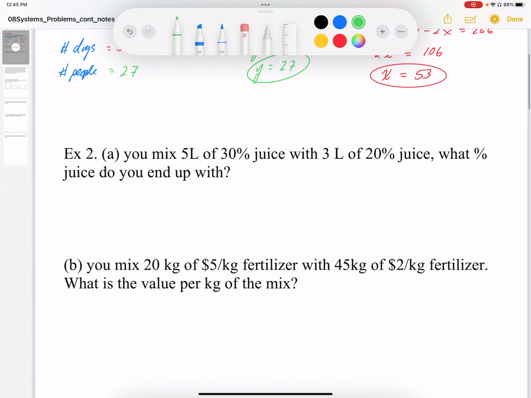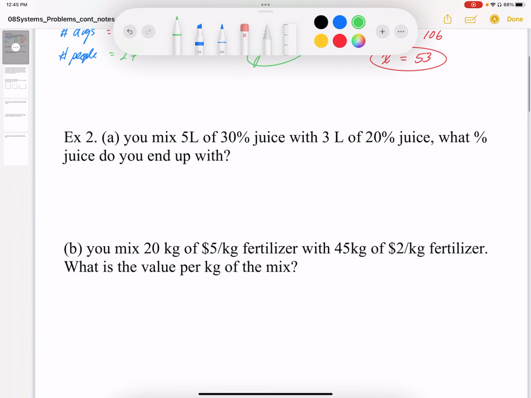In this next problem, we have a mixture problem. We're going to mix 5 liters of 30% juice and 3 liters of 20% juice, and we're going to calculate the percentage juice that we end up with. What we can do is figure out the amount of total juice from the 30% juice.